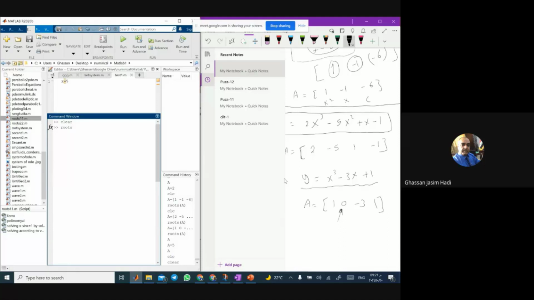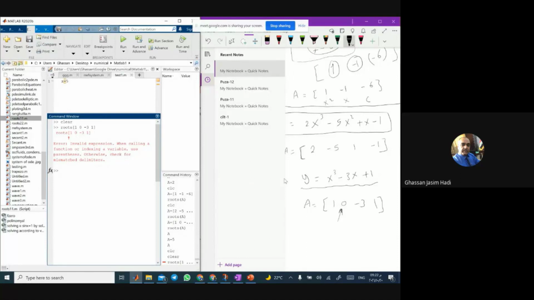Look at me. Roots bracket now. I will put the coefficients directly: 1 space 0 space -3 space 1. He directly will give us the roots. Sorry, what happened?